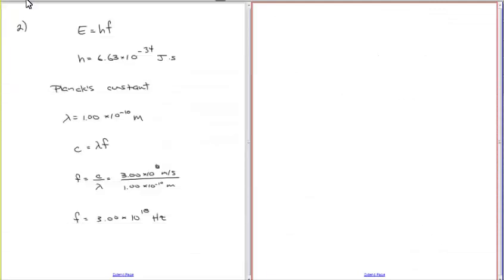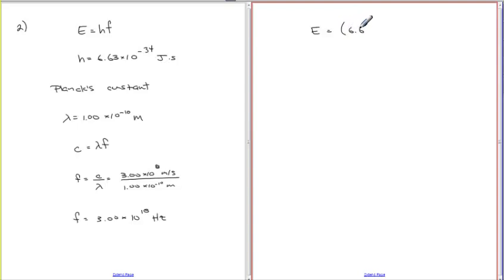Okay, so another page. So now we do have the frequency. And so the energy in joules, because this is joules per second, we get Planck's constant in there.